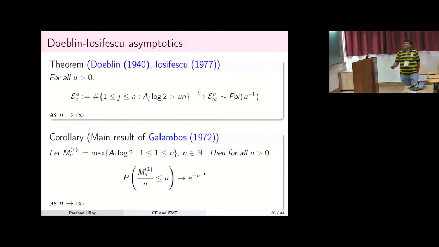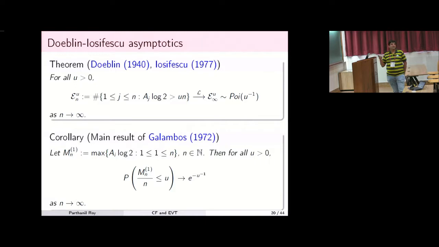You look at the maximum of the first n digits multiplied by log 2, that goes to, after scaling by n, a Fréchet distribution, an extreme value distribution. That's expected because these guys had power law tails with parameter 1. Only thing is that they are not independent. I cheated there, right?